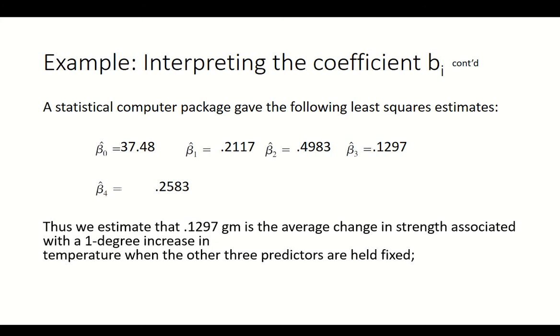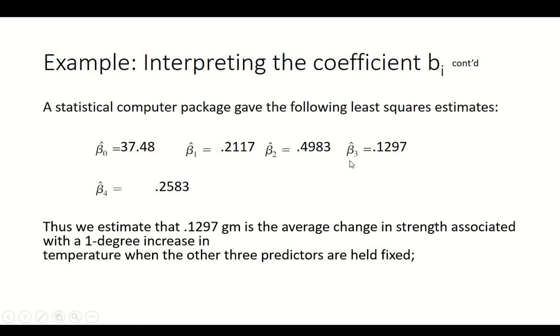So for example, if you keep the variables that go with beta 2, beta 3, and beta 4 all fixed, and you change x1 by 1, you're going to increase, by 1 degree, you're going to increase, sorry, you should look at beta 3 here.